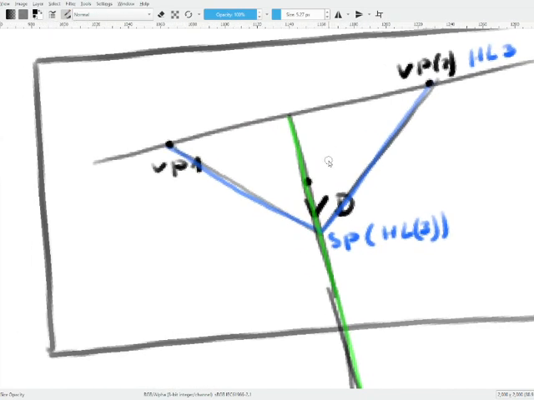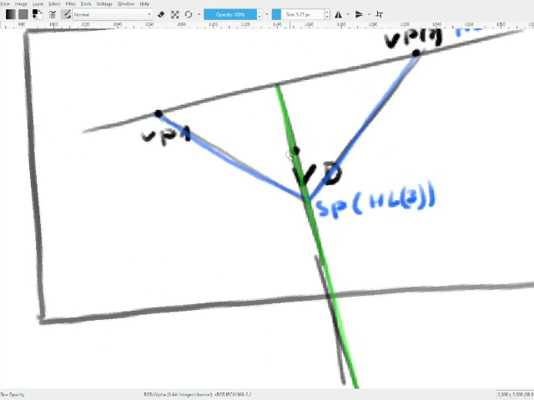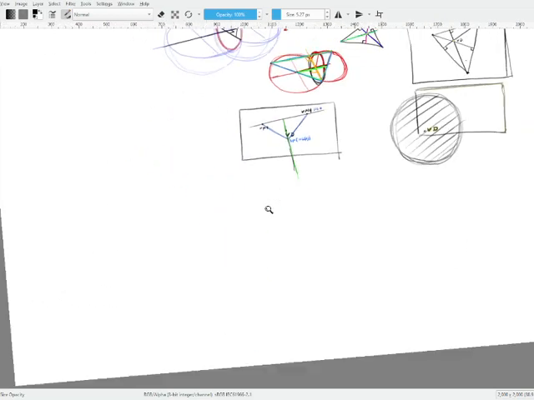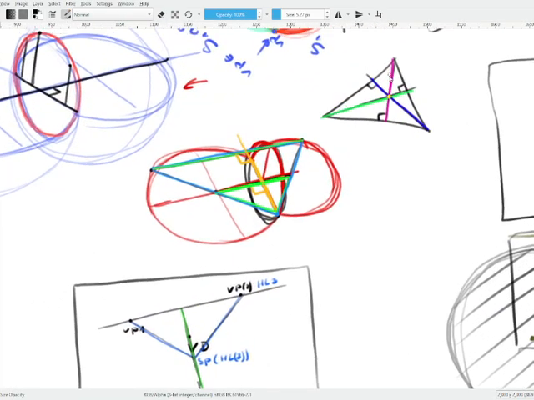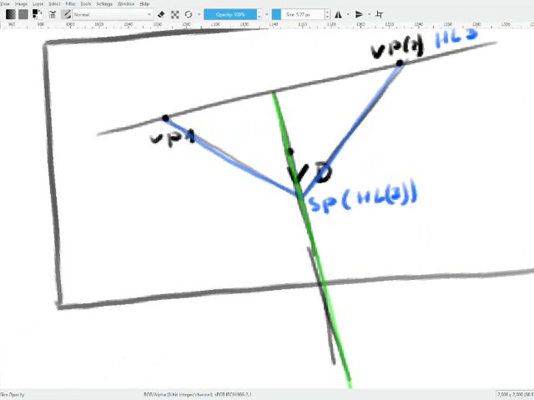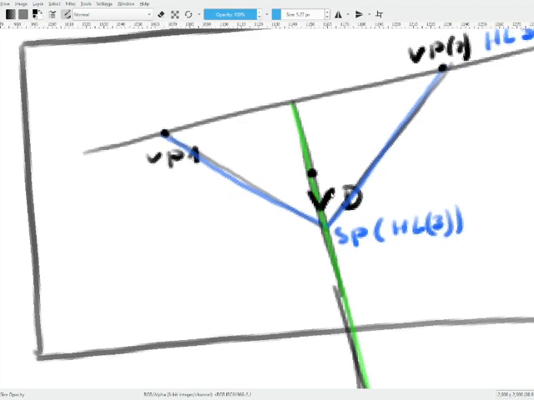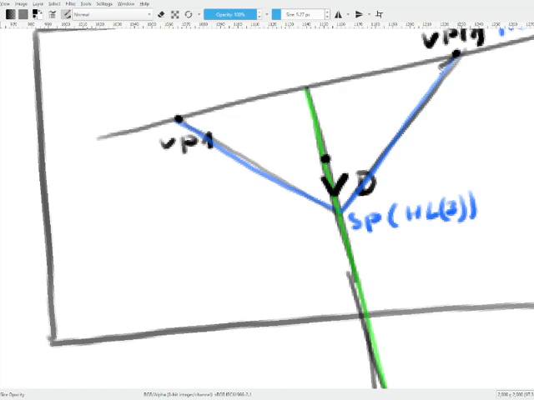Well, we also know that it should be at the intersection of all heights of our triangle. It means that when we are drawing, if we think that this is our viewing direction, then we can connect it with all vanishing points.